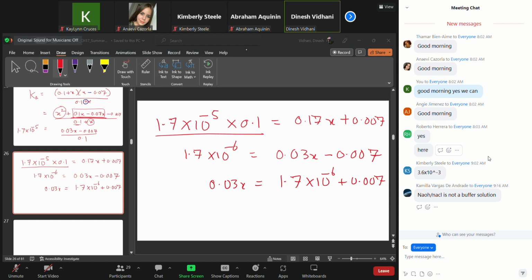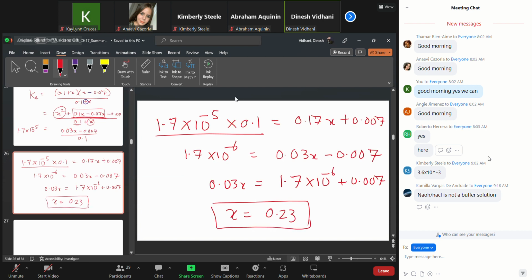So when you say 0.23, how did you get to that number, Roberto? 0.23. Okay, I think you are right. 0.23 looks right to me. So X in this case, 0.23. Well, I agree with that one, right?